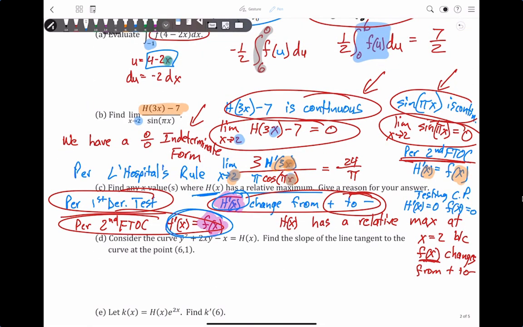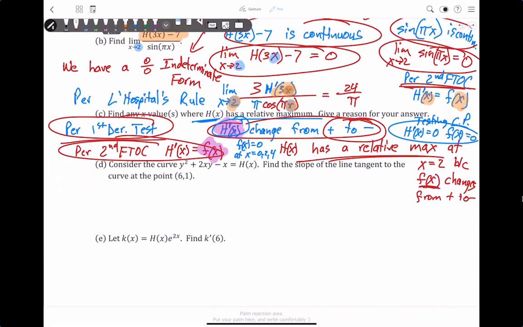So you're basically telling the AP reader that f of x is equal to 0, which is the same as h prime, at x is equal to 0, 2, and 4. So at least you're telling them these are possible critical points, possible points where this relative max could occur. For this one particularly, I would suggest listing them out, but nonetheless still use what you know as far as analyzing just that positive to negative change to show that your only one is going to happen at x is equal to 2.